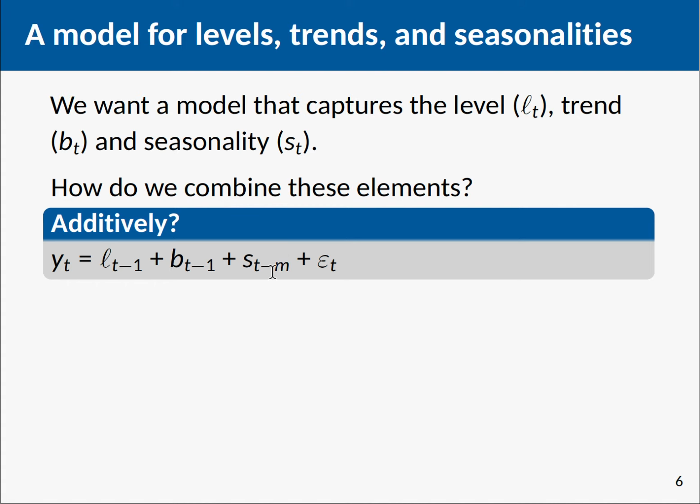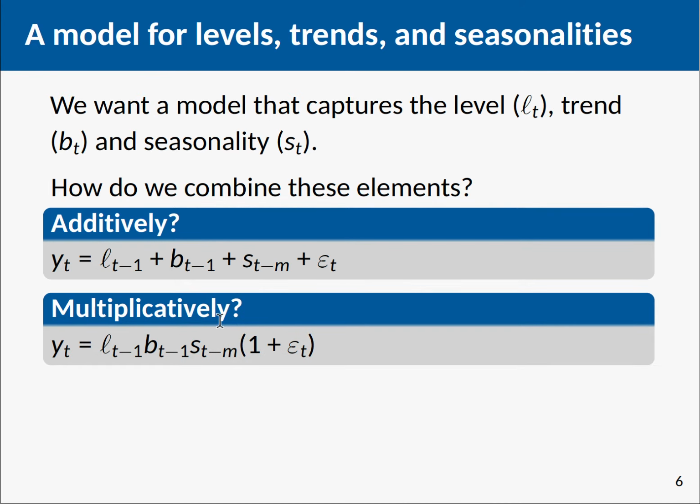And this is, if we are looking at, let's say, January of next year, then we are looking at what it was like in January of the previous year, right? So that's that seasonal component, if M is the number of seasonal periods. So this is when we think about an additive model.